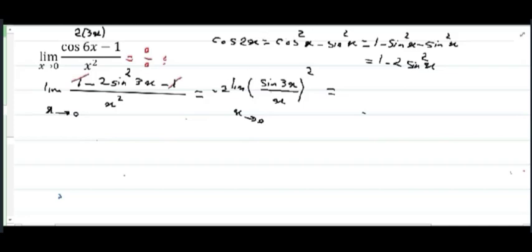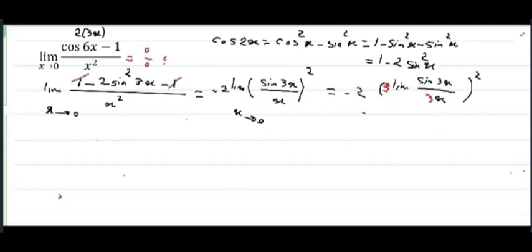So I need 3 here, I can multiply by 3, so I will bring 1 over 3, sorry, here 3, because I times by 3. So I can write the limit of this when x approaching 0 is equal to 1. So here I can write minus 2 times 3 squared, which is 9. So I have minus 18.